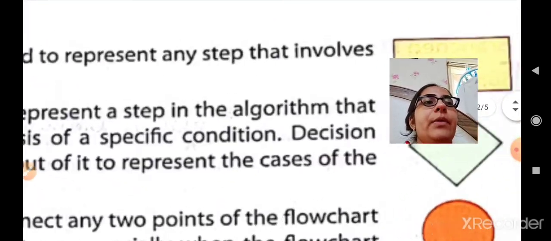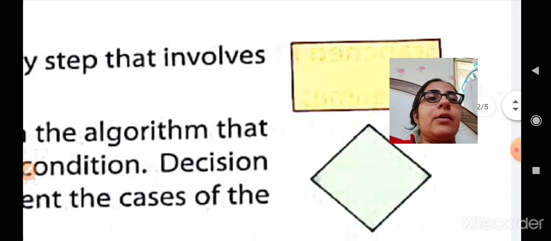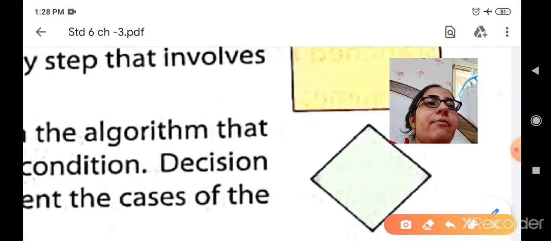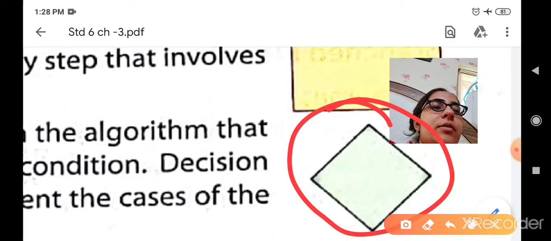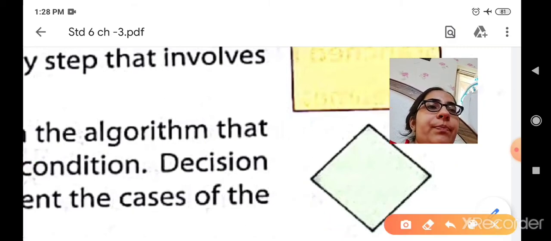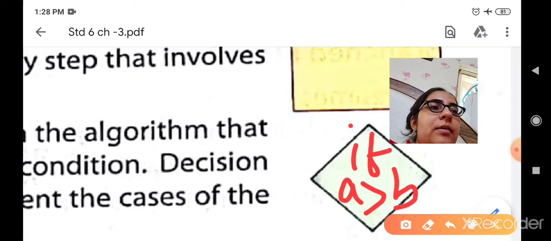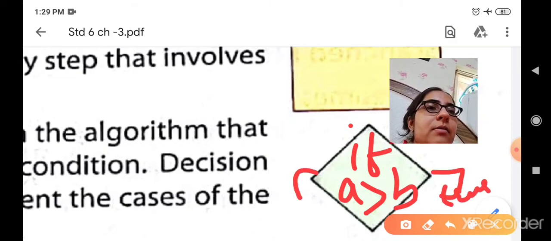For example, if you are preparing a flowchart for the report card, you can see whether the person passes or fails. So this is called the decision box. It means that you have to write the condition here. If A greater than B, then true, else false. So this is known as a decision box.